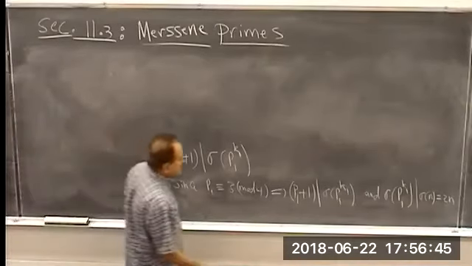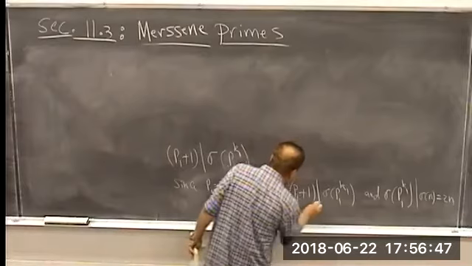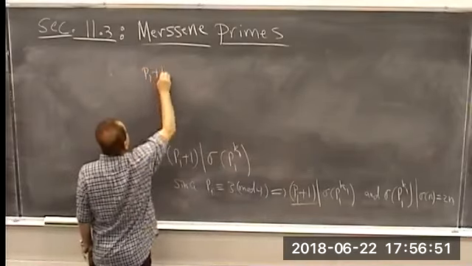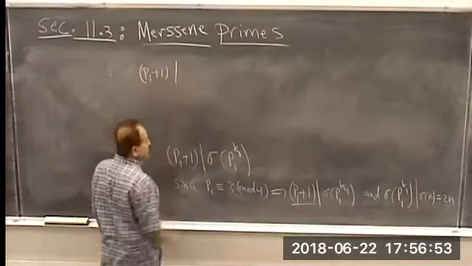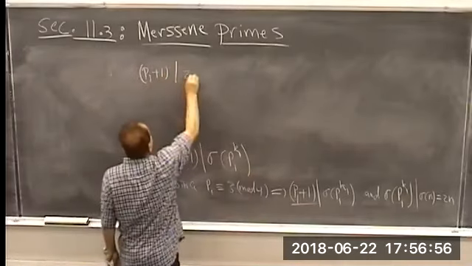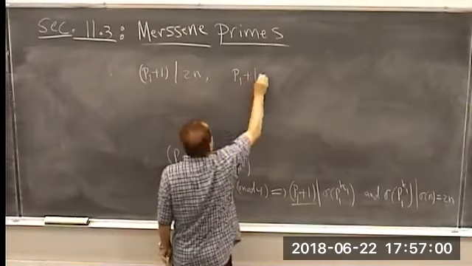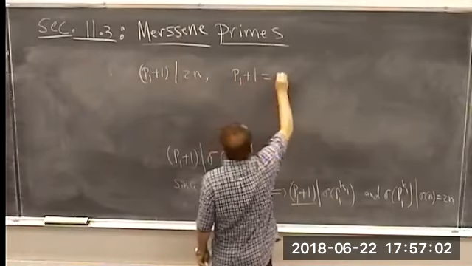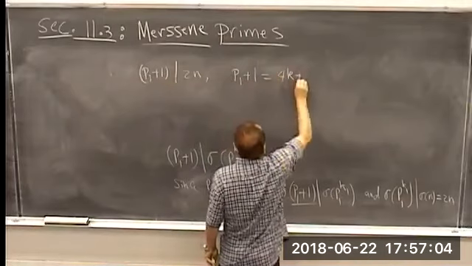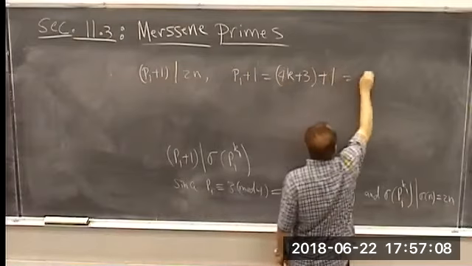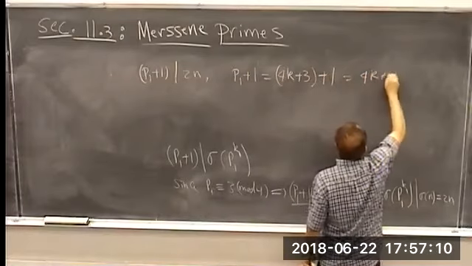Now let's take this one, P1 plus 1. The net result is this is going to divide 2n. Now P1 plus 1 is equal to 4k plus 3 plus 1, and this is 4k plus 4.